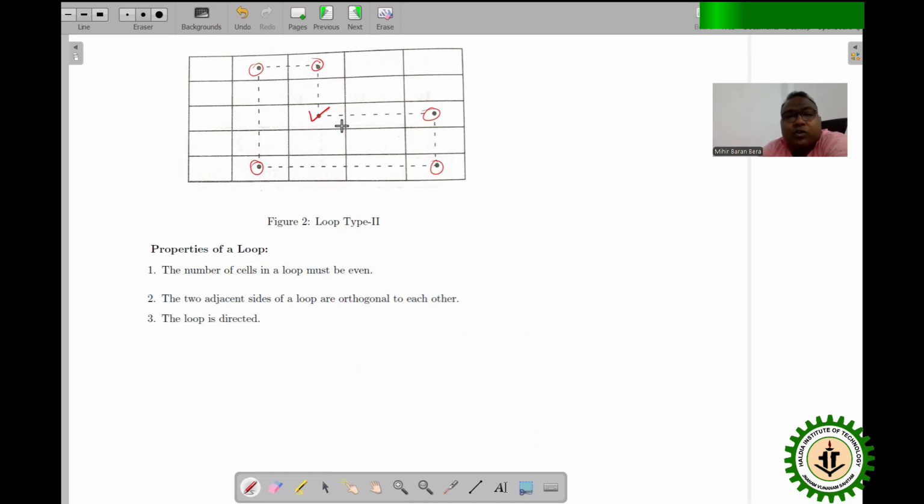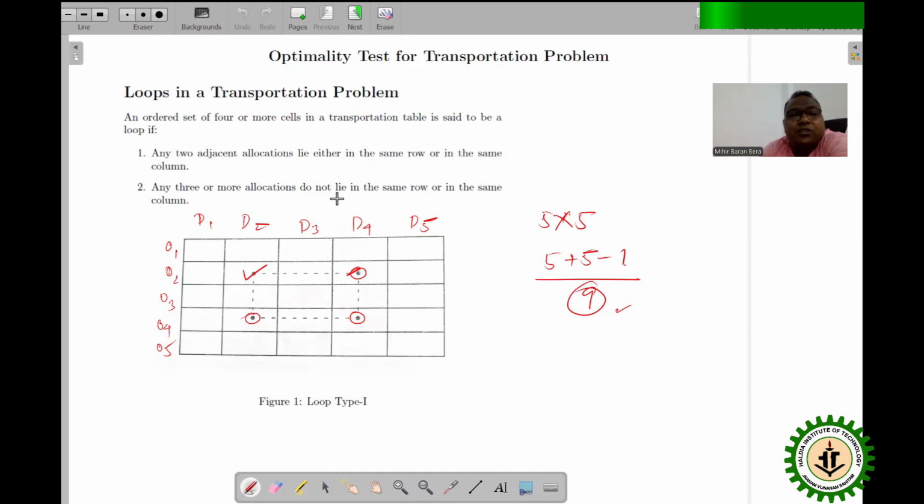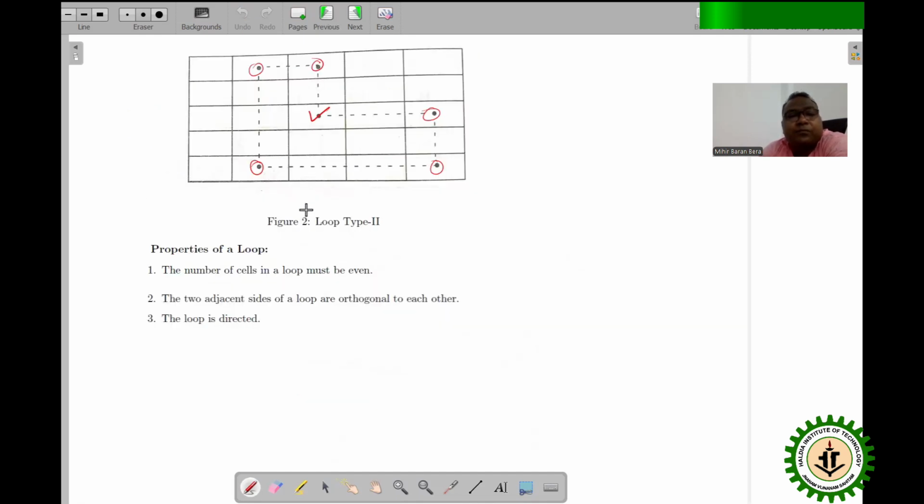You can see here that this is the second case, where the allocations do not lie in the same row or in the same column. In this column there is an allocation, but there is no allocation to form a loop with this. So in this case, we have to go through in this way.